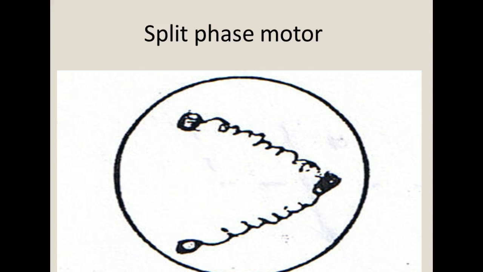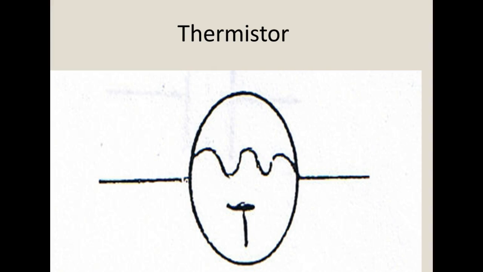I didn't draw that very well. A thermistor. Is that what we got next? All right. It shares its name with a resistor, right? So it's an electronic, solid state part.